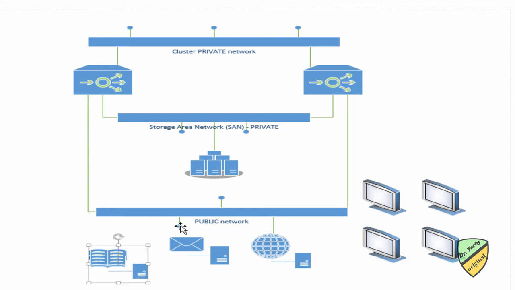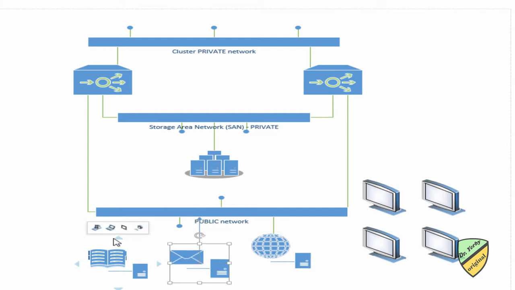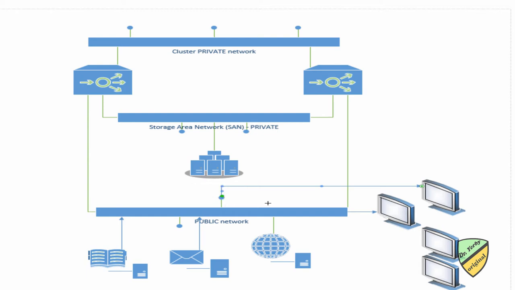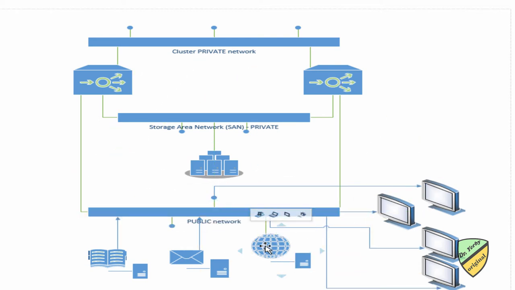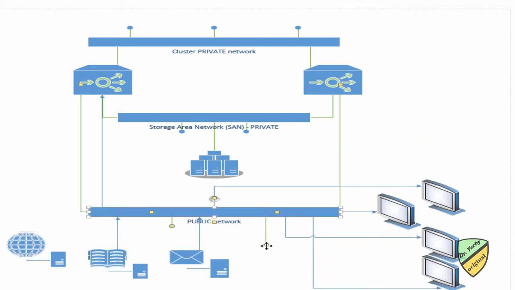So let's get these connected. All right, and now we want to start thinking about the IP scheme. So get these things connected. Move this one over. And again, you could do this more neatly when you have more time.